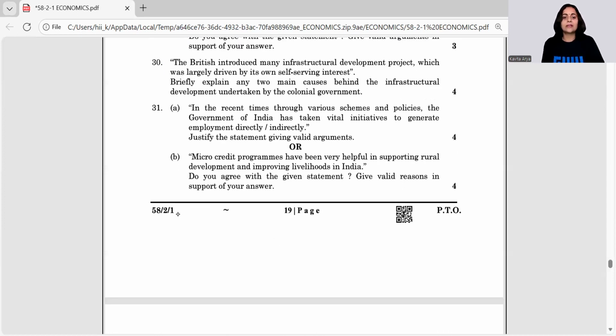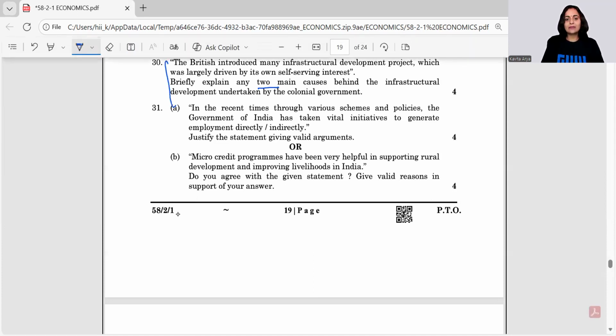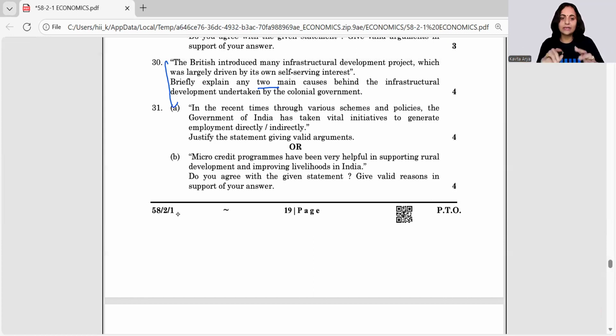Next question is, the British introduced many infrastructural development projects which were largely driven by their own self-serving interest. You have to talk about the justification here. 2 points are asked. So we know that basically the investment done by Britishers was in the infrastructure, like they created roads, ports, and railways, right?